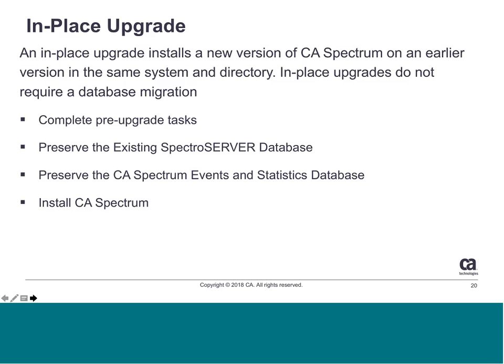We have a listing of pre-upgrade tasks, how we go about preserving the existing Spectrum server database, how we go about preserving the events and the statistics database, and then finally, how we install CS Spectrum. I'll not go step by step into each of these, but they are clearly articulated in our upgrade resources, specifically in the documentation, and we have links to the same at the end of the presentation.